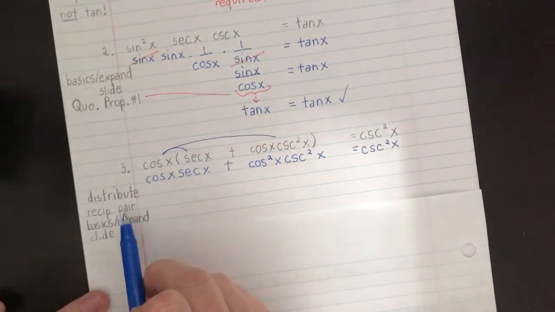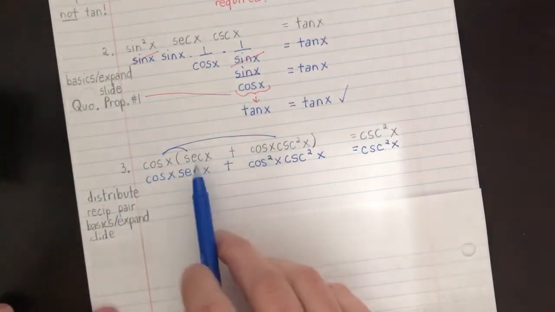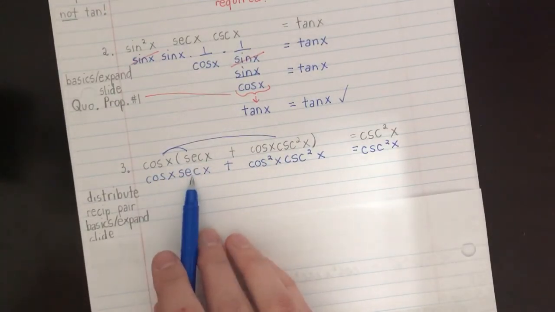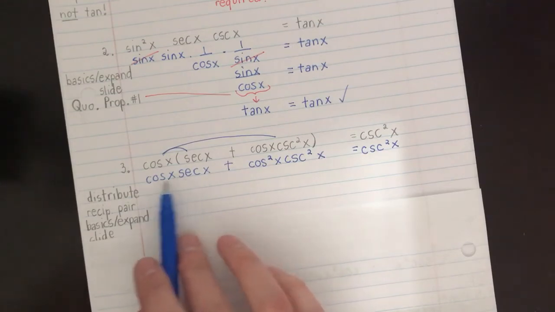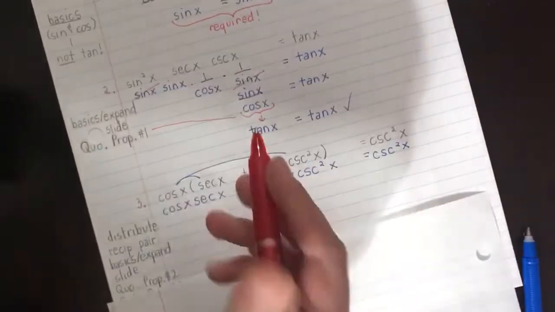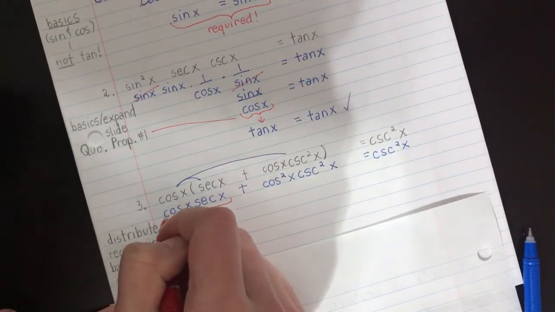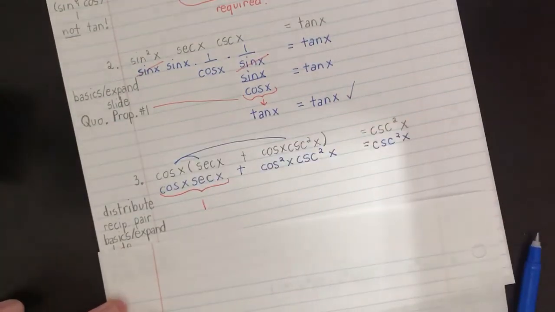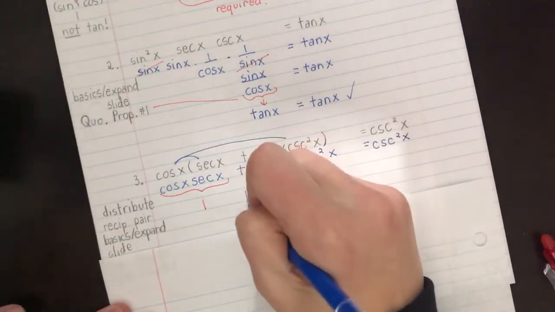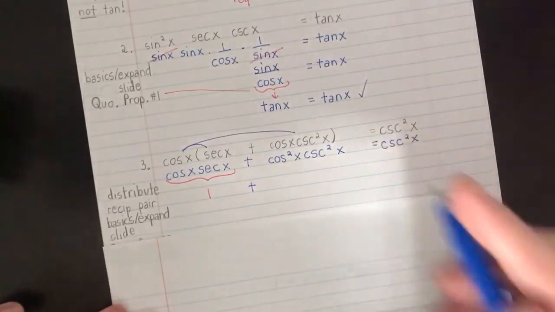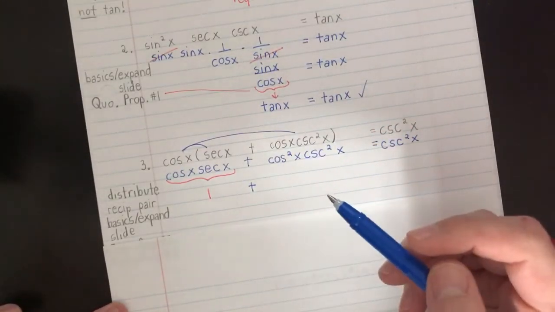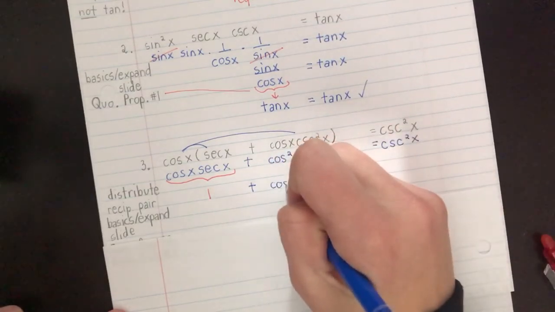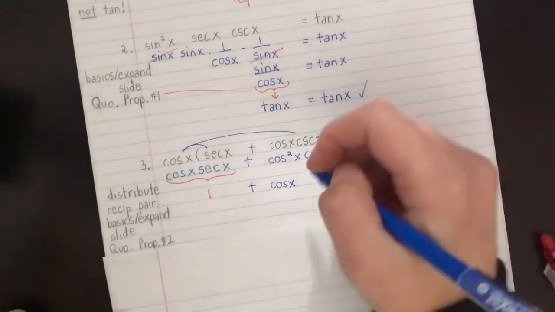So I distributed, check, reciprocal pair. Okay, so here we have cosine multiplied by secant. Those are a reciprocal pair. So that, my friends, turns into 1. So 1 plus cosine squared x cosecant squared x. So let's expand, basics and expand.